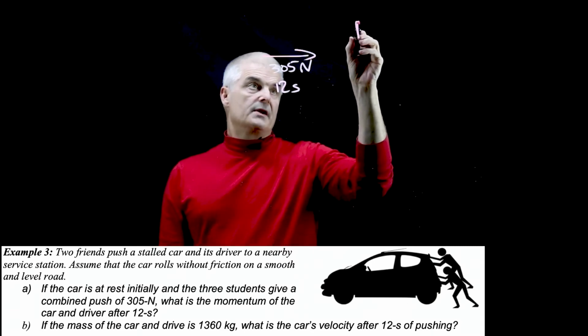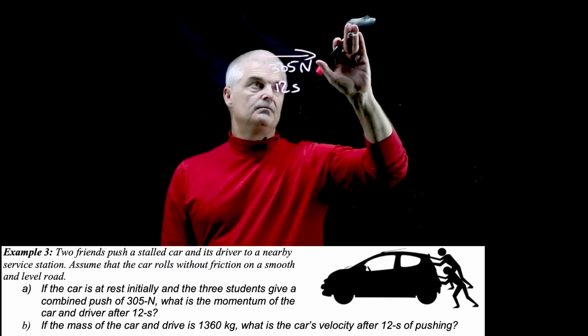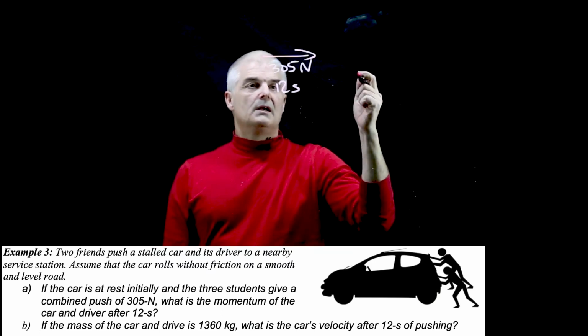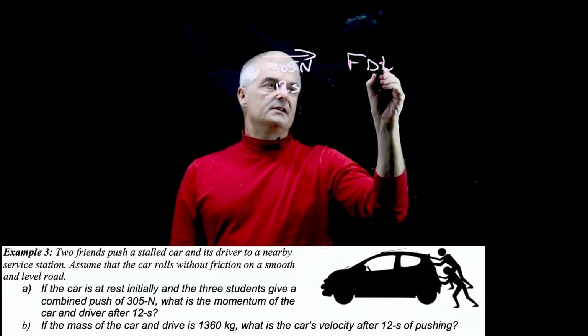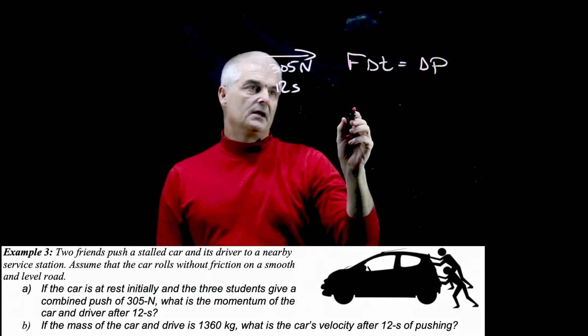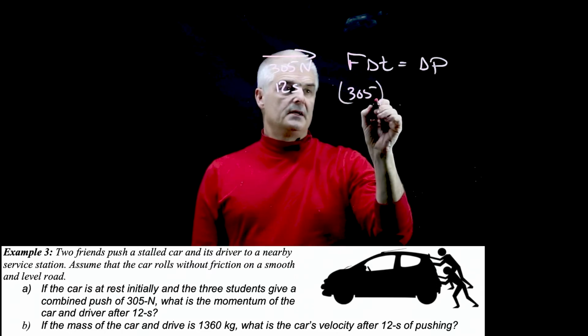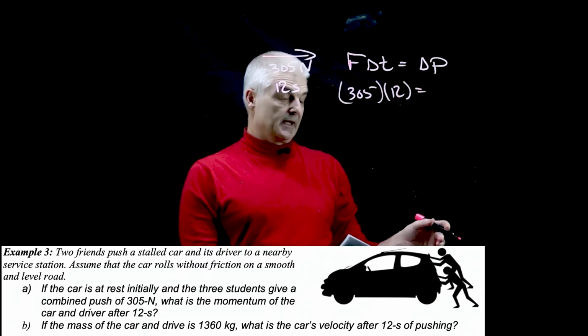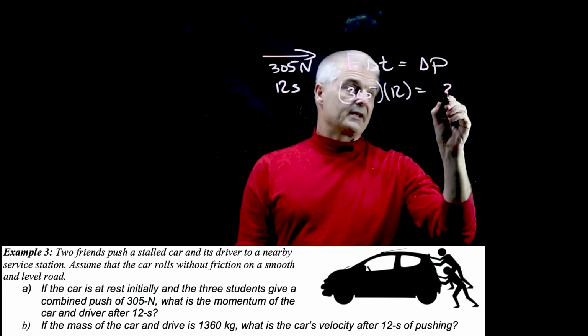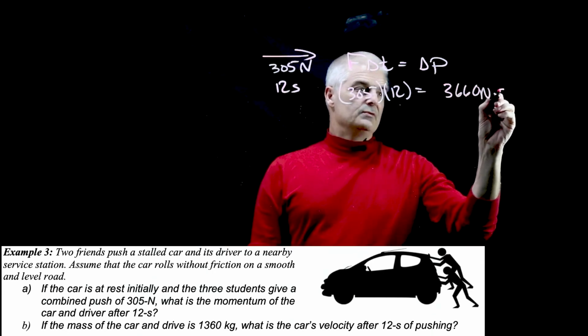So we're going to use our equation, F delta T equals delta P, and we know the force, that's 305 times 12. And that equals our change in momentum. Multiply that out, I get 3660 Newton seconds.